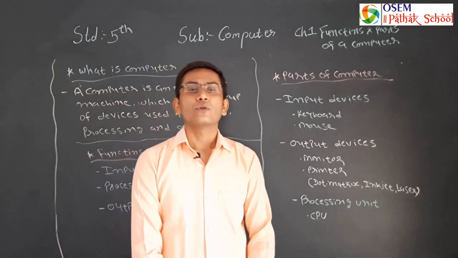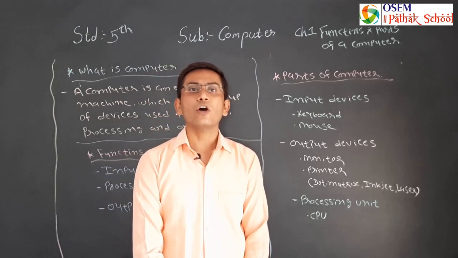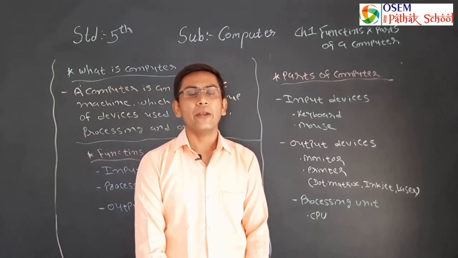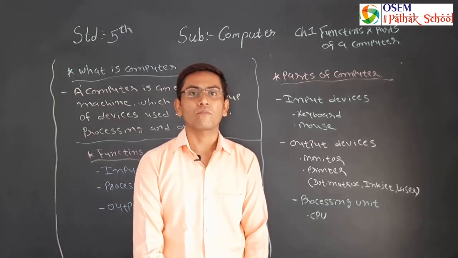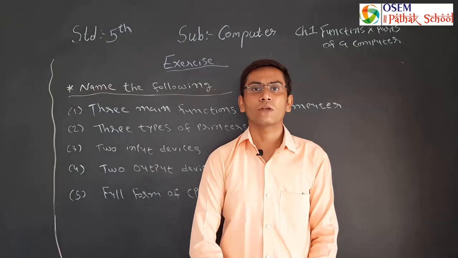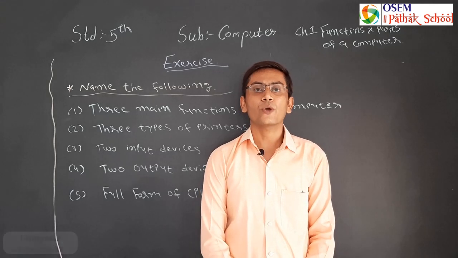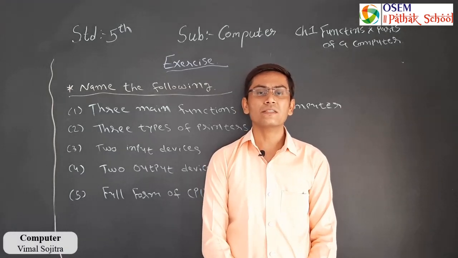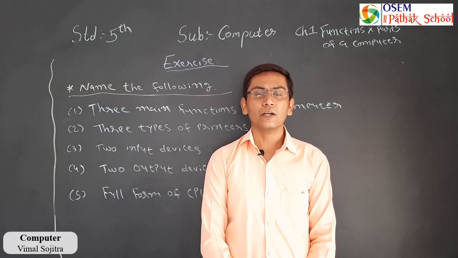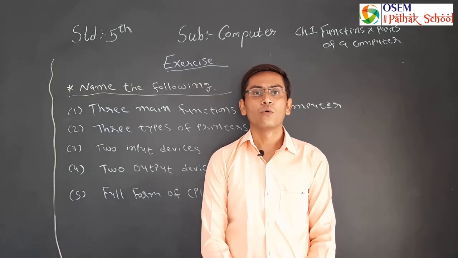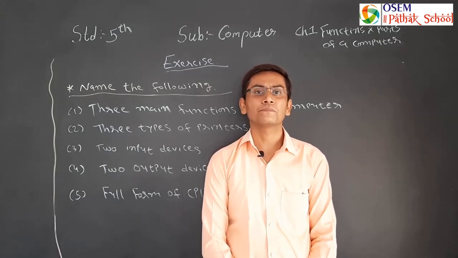So today we have learned about what is computer, functions of computer and parts of computer. I hope you enjoy this video. So today we have learned about what is computer. It means computer is an electronic machine which is made of different parts used for input, processing and output.